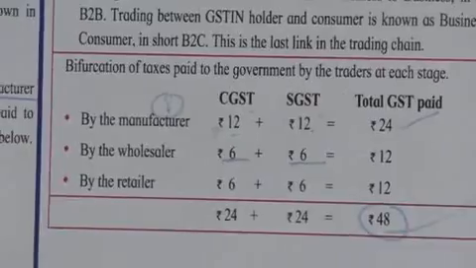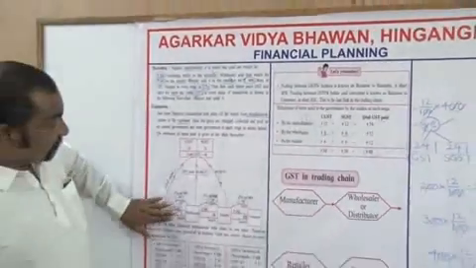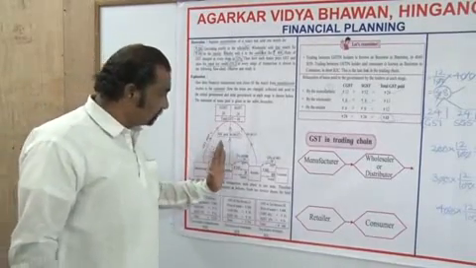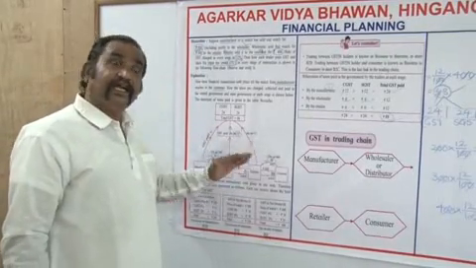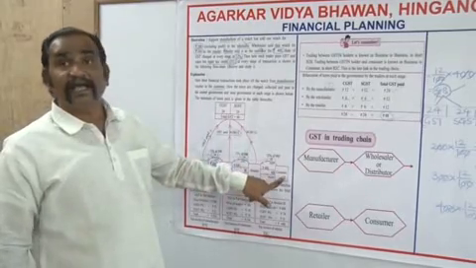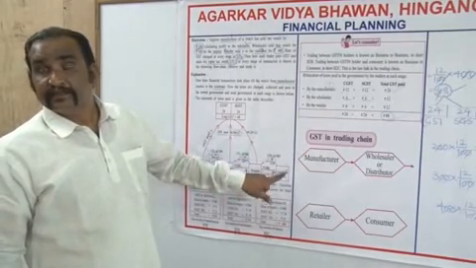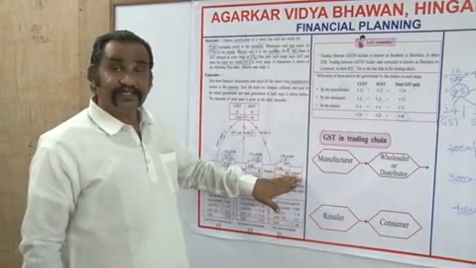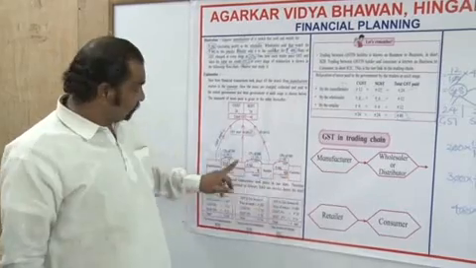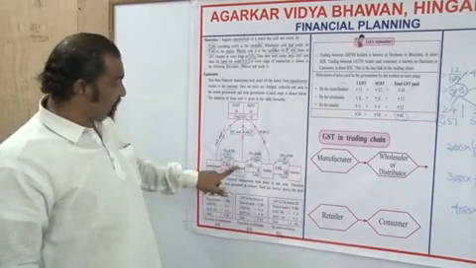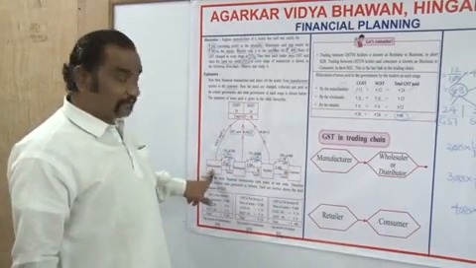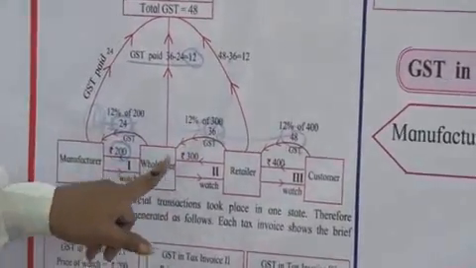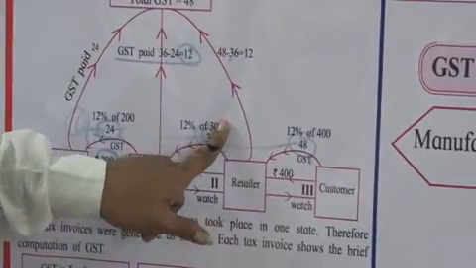Listen to one thing. All the GST which is paid by the manufacturer, wholesaler and retailer, they get it back and it is paid by the customer. One thing you must remember: all GST is paid by the customer, though in the first transaction 24 rupees is paid by the manufacturer, in the second transaction 12 rupees by the wholesaler, in the third transaction 12 rupees by the retailer.